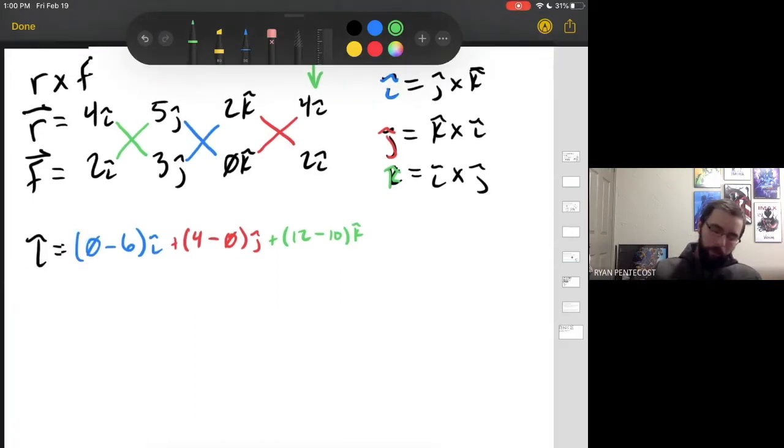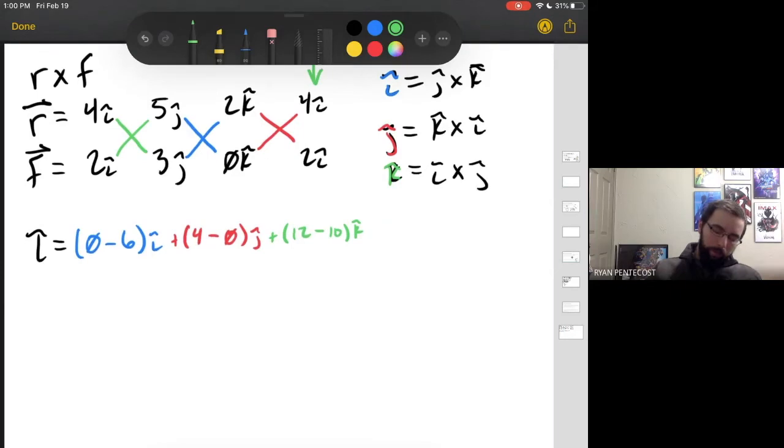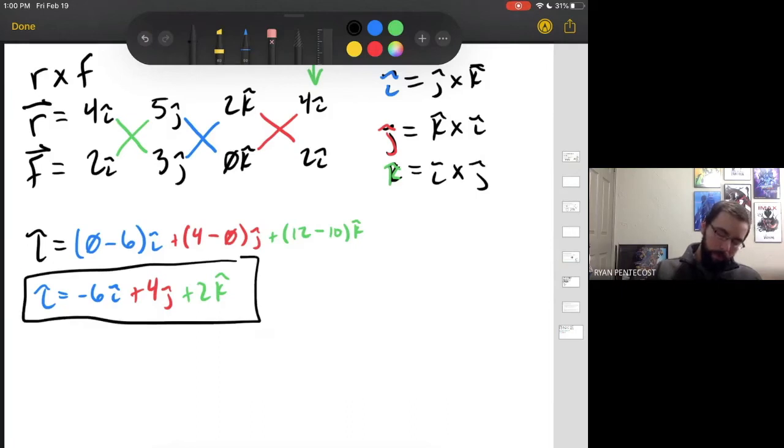If we do this math, our torque should equal negative 6i plus 4j plus 2k, and that is all in newton meters. So you've got negative 6i, 4j, and 2k newton meters.